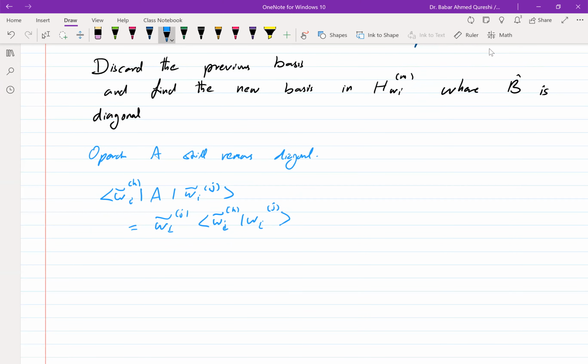They are still orthogonal, so within this basis, A remains diagonal.